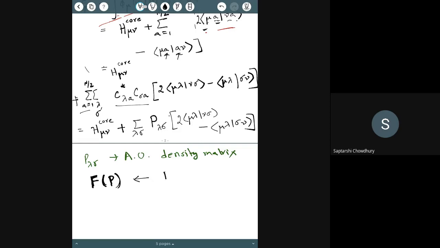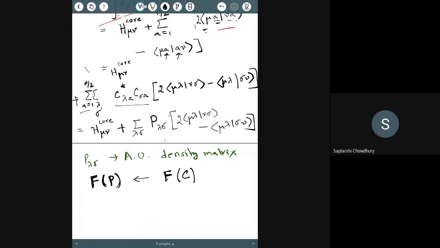So what have we done? We had a Fock operator which depended on the molecular orbitals. When the Fock operator depends on the molecular orbitals, it means that it depends on the coefficients C of the basis set.